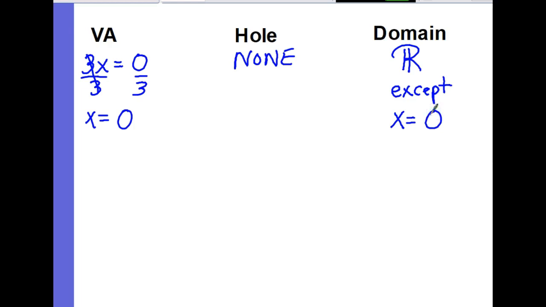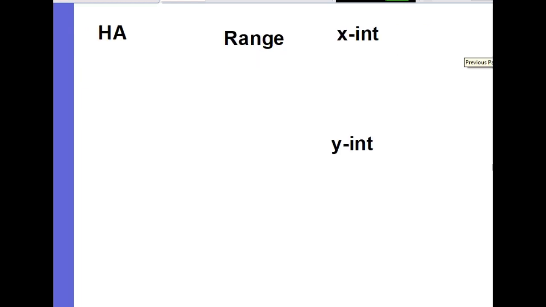Then you go to the box at the bottom. The next thing it asks for is the horizontal asymptote. So you turn in your yellow notes and you look at horizontal asymptote, and it talks about degrees. Another name for degrees is the exponent.